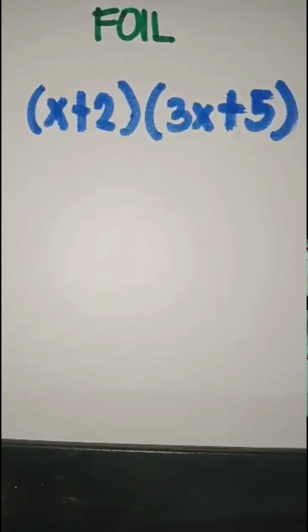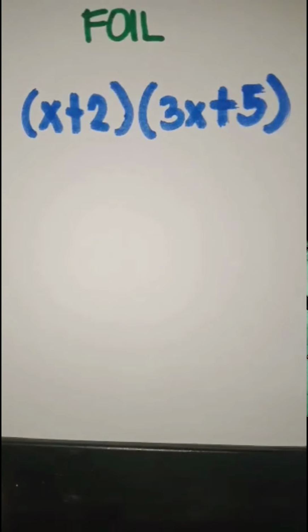Hello, in this video we're going to focus on the FOIL method. Let's say we wish to multiply a binomial such as x plus 2 and another, 3x plus 5. Before that, FOIL stands for F for first, O for outer, I for inner, and L for last.